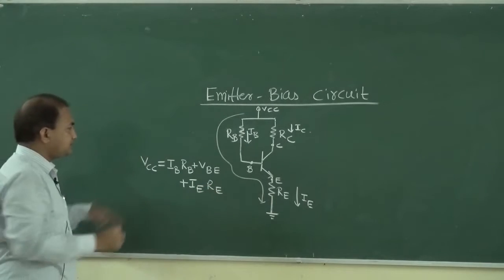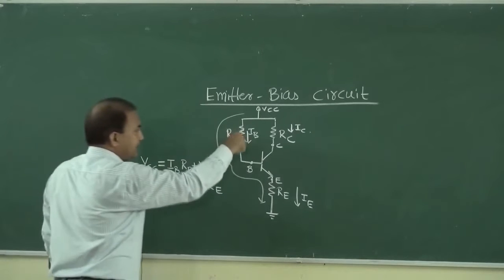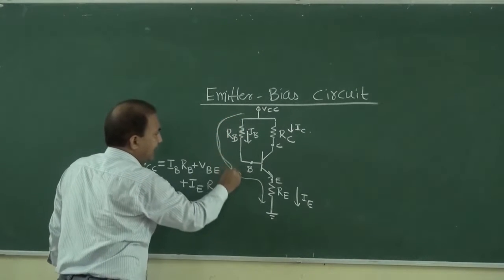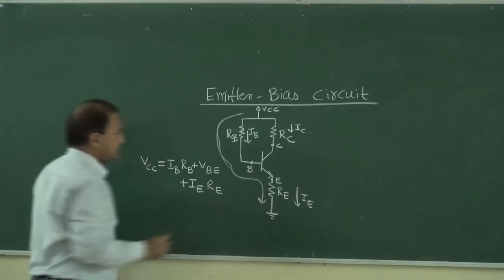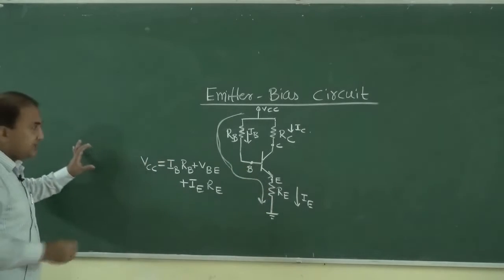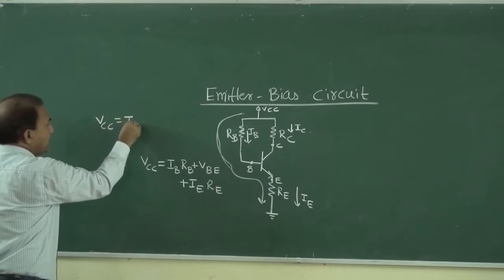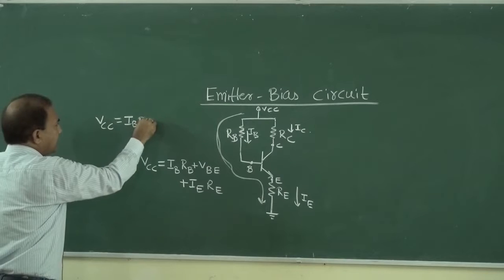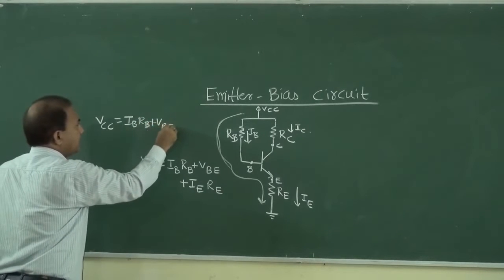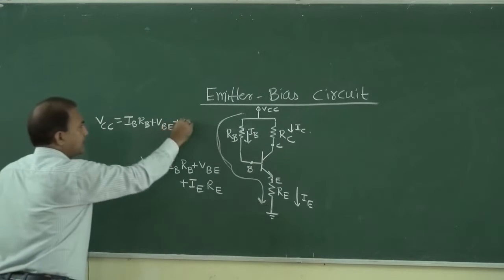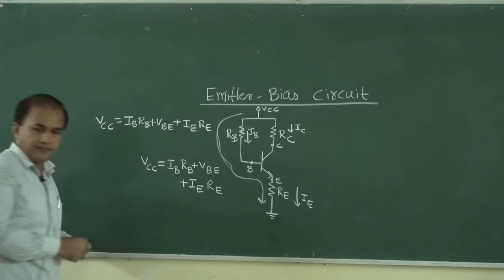This is the equation by using Kirchhoff's voltage law in base emitter loop, in this loop, input side. Okay. So it is VCC, it is equal to IB RB plus VBE plus IE RE.